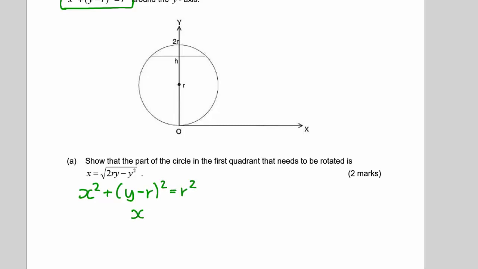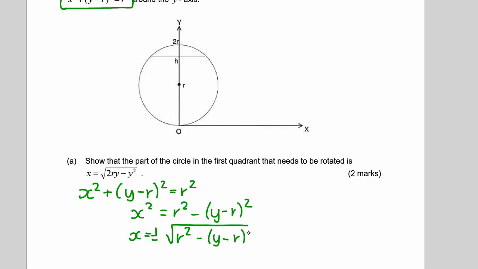So x squared equals r squared take (y minus r) all squared. So x equals plus or minus the square root of r squared take (y minus r) squared.